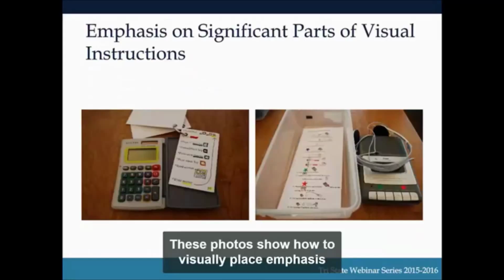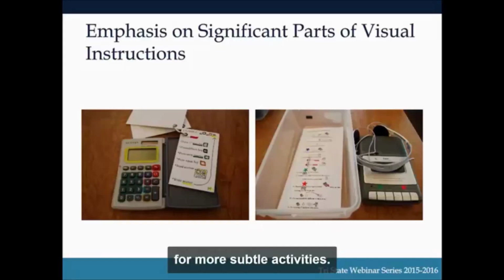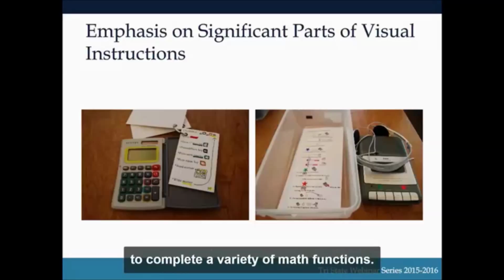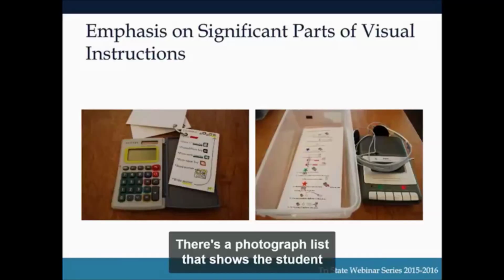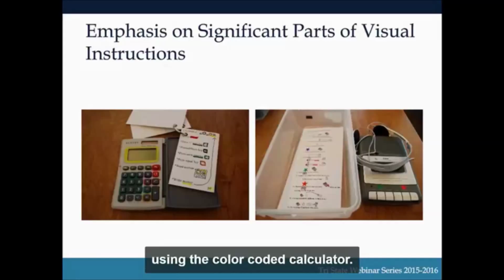These photos show how to visually place emphasis on significant parts of visual instructions for more subtle activities. The first photograph is for use of a calculator to complete a variety of math functions. There is a photograph list that shows the student the correct sequence for completing the math function using the color-coded calculator.